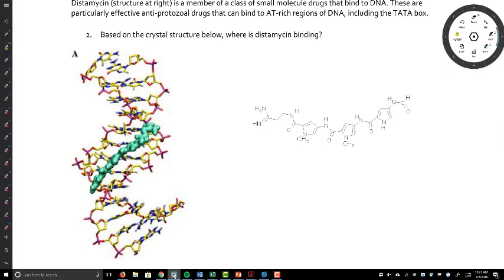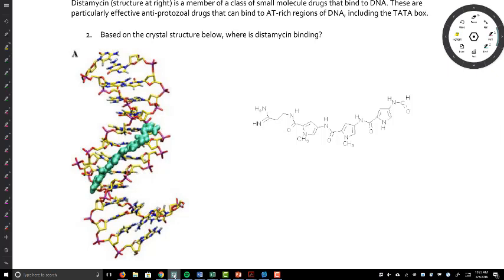So the minor groove is generally the skinnier. If you look at that structure, the green is the distamycin.